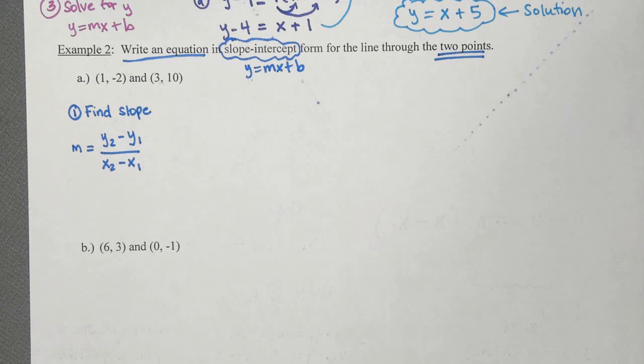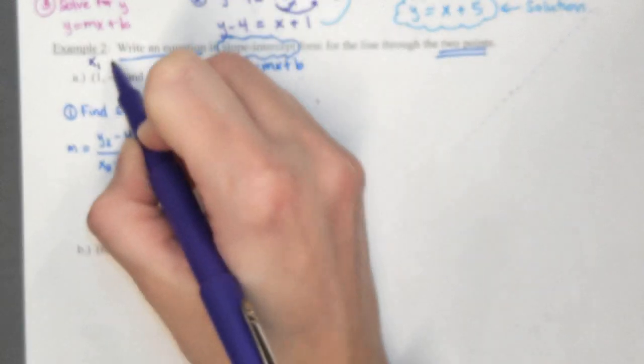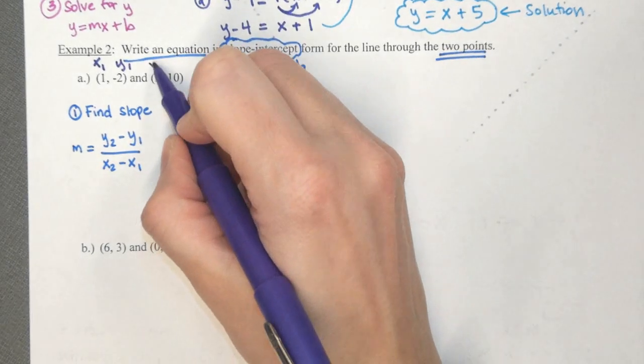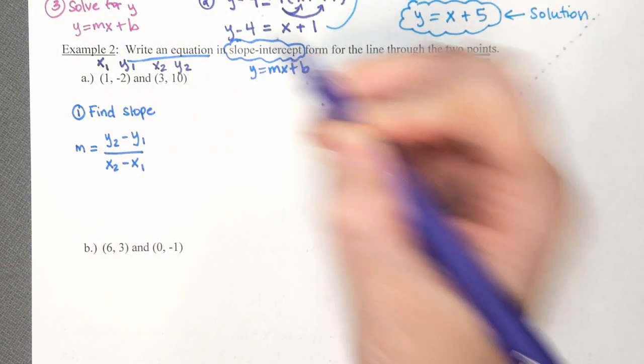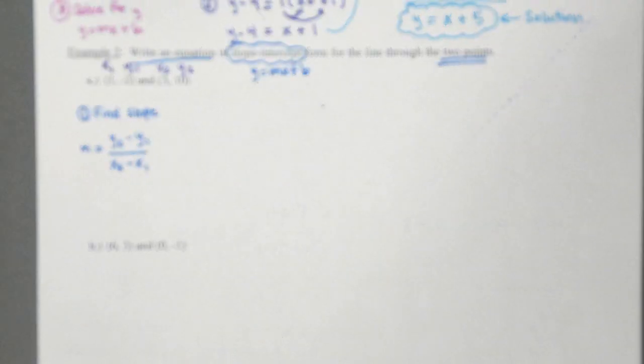Okay, so when you're given 2 points, you can label the first one x1, y1, and you can label the second one x2, y2. Okay, and the first one I'm going to remind you how to do this from what we did earlier.